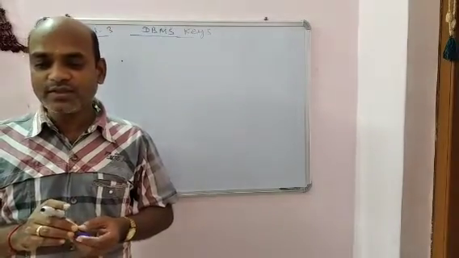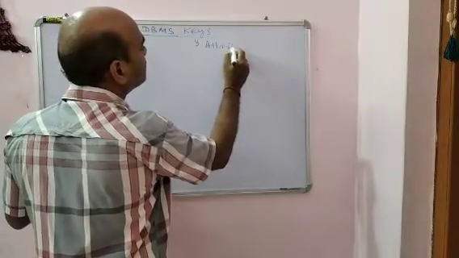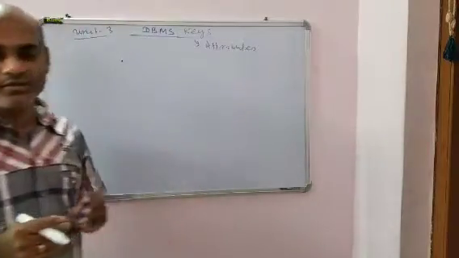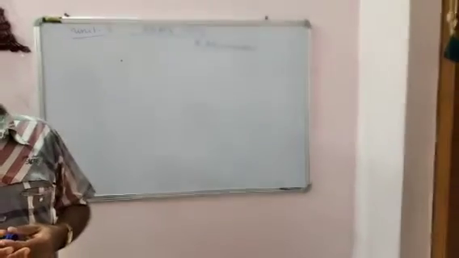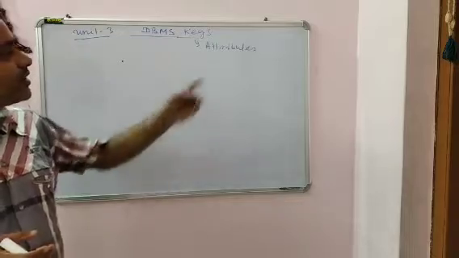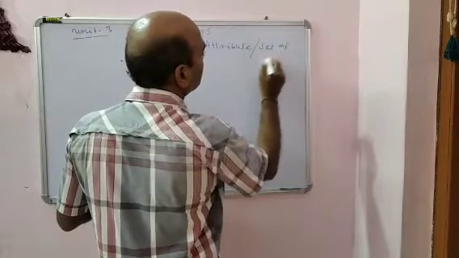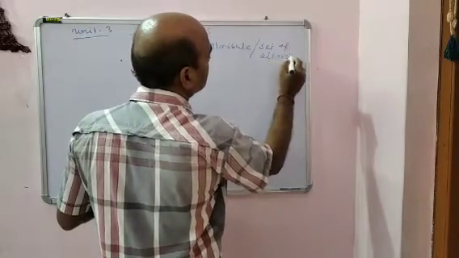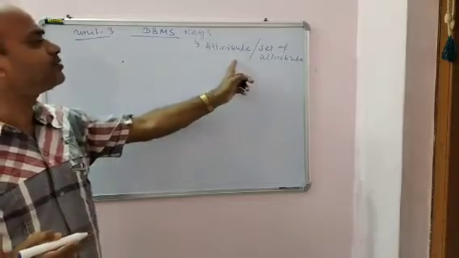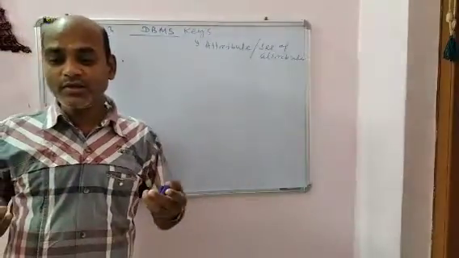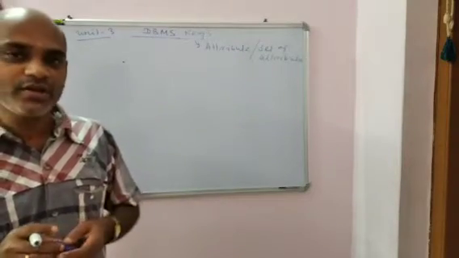A DBMS key is nothing but an attribute or a set of attributes which helps to uniquely identify a row or tuple in a relation.